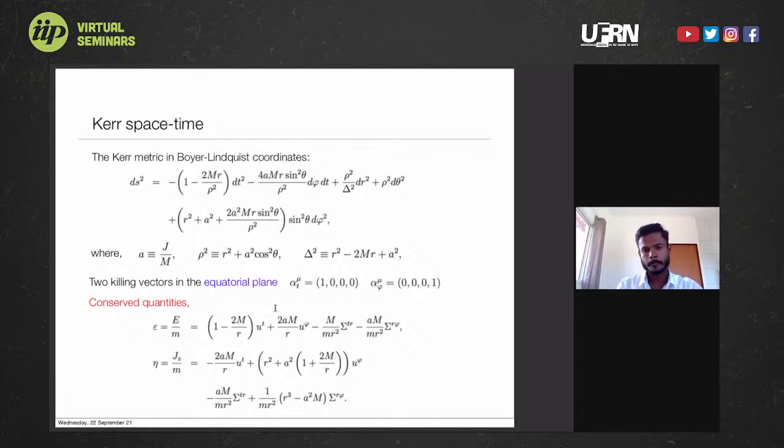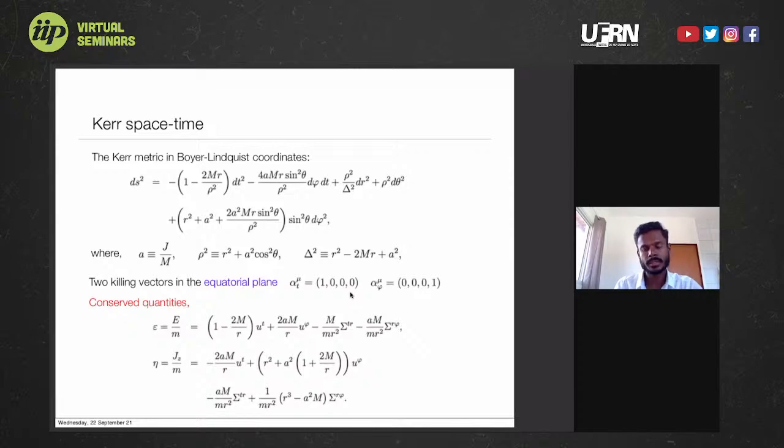So in the planar case, in the equatorial plane, the Kerr metric is axially symmetric in the rotation, as well as time independent. So these two qualities suggest two killing vectors in the equatorial plane, as given by these two killing vectors, alpha t mu and alpha phi mu.